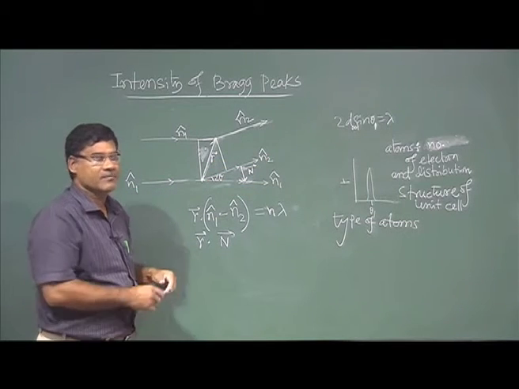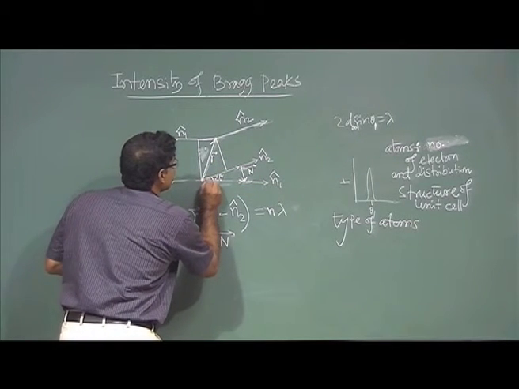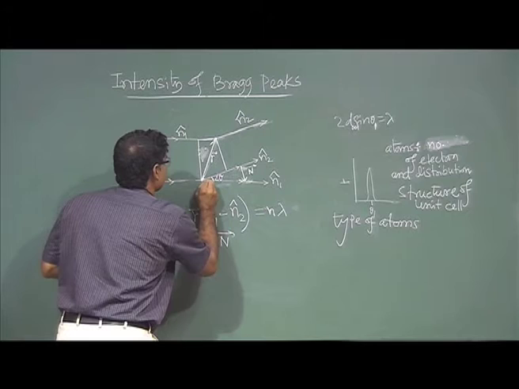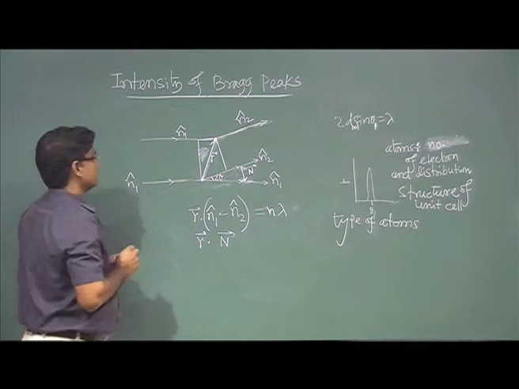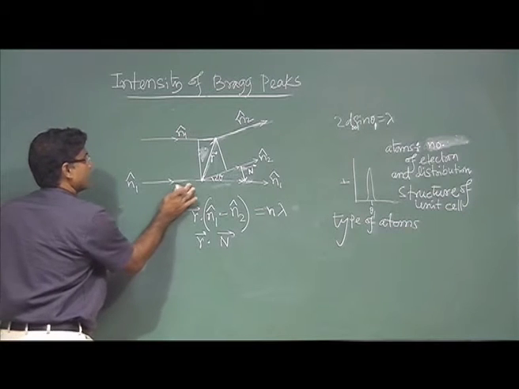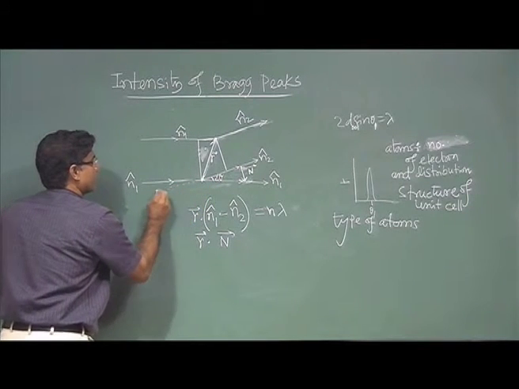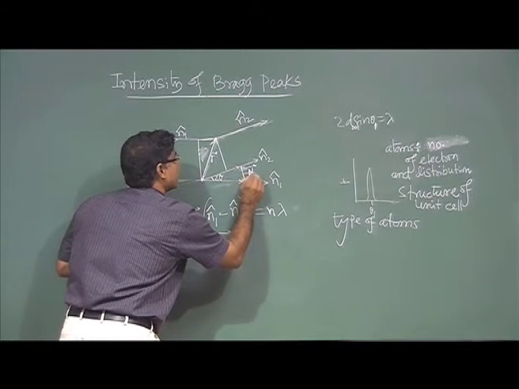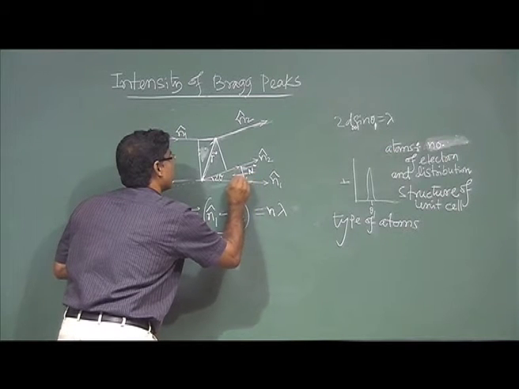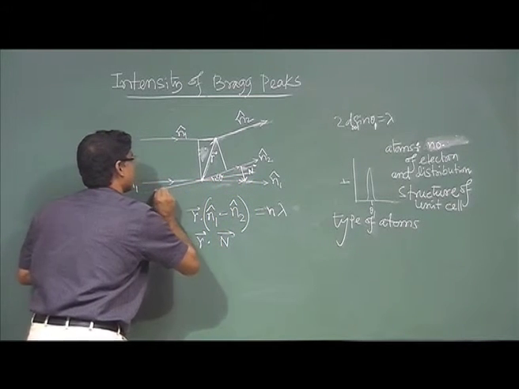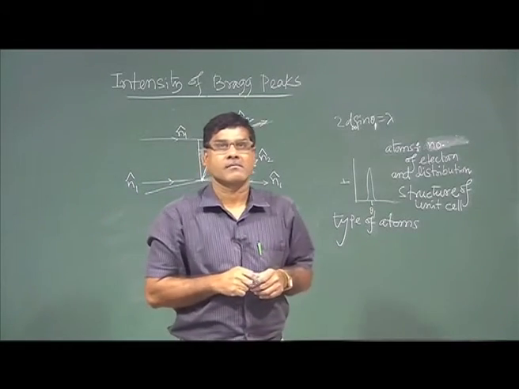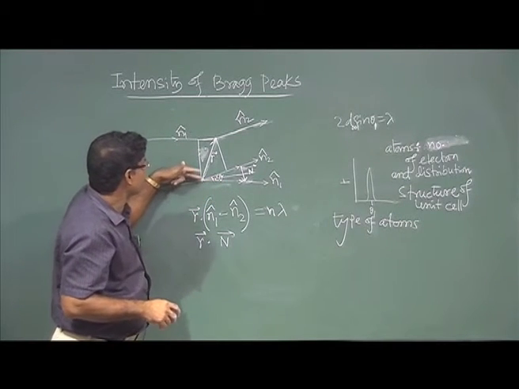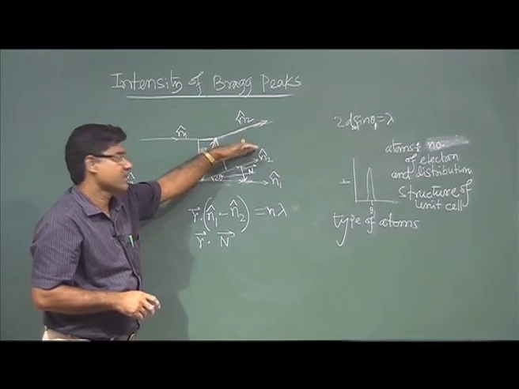So from which plane? This plane must be passing through. Okay, so this will be the reflecting plane. The crystal plane, basically, from which the X-ray is falling and is reflected from here.